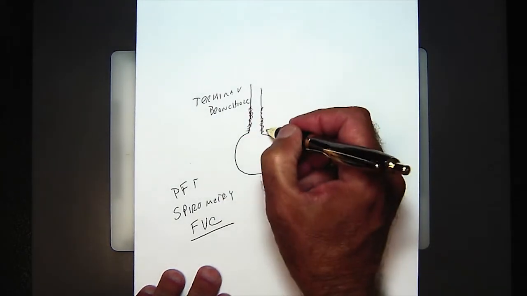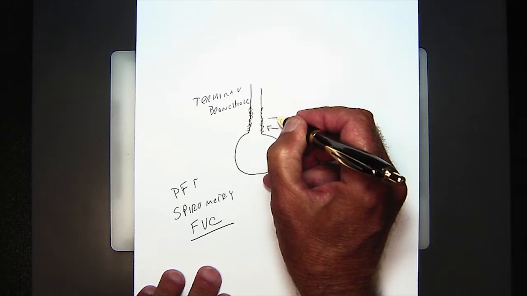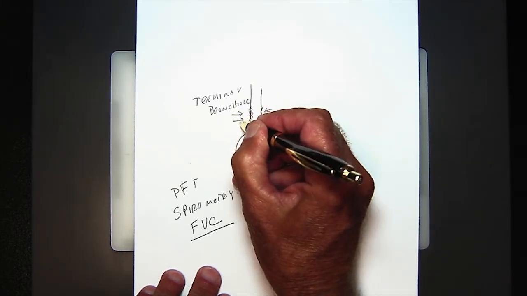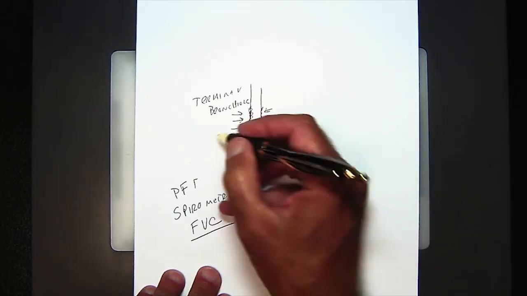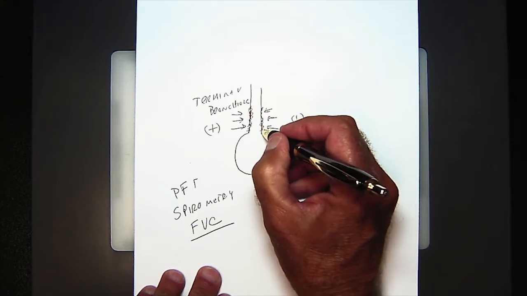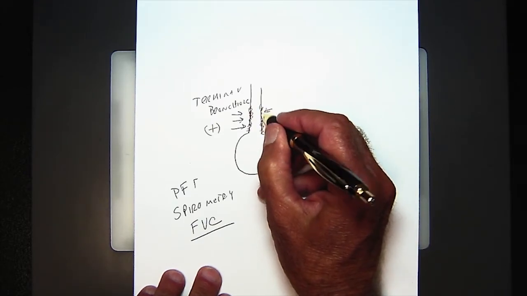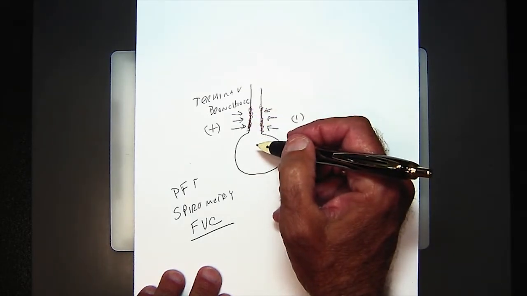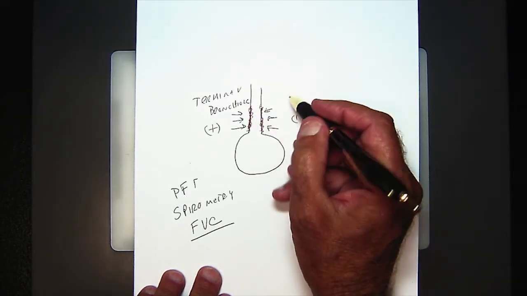Once the patient does that, there's a positive intrathoracic pressure. In a normal patient, these walls hold up to that forced expiration, so they don't collapse.